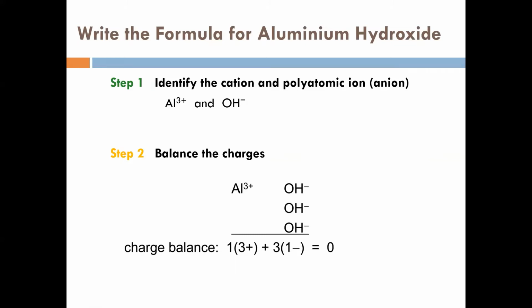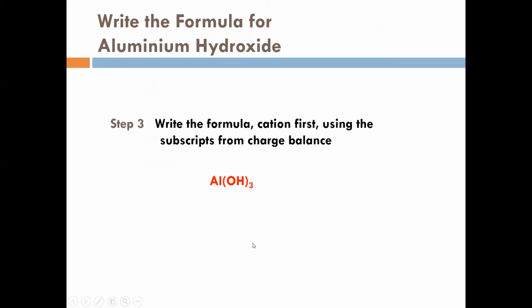In this case, I have a +3 charge and a -1. I'm going to need 3 of those -1 charges to balance the +3. So when I write my formula, it's Al, then parentheses OH, with 3 as the subscript. That's the number of OHs I need.